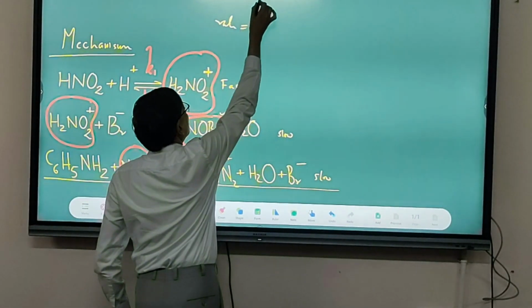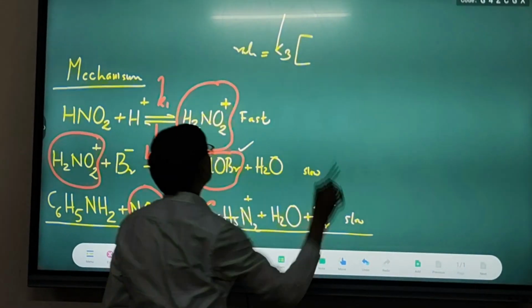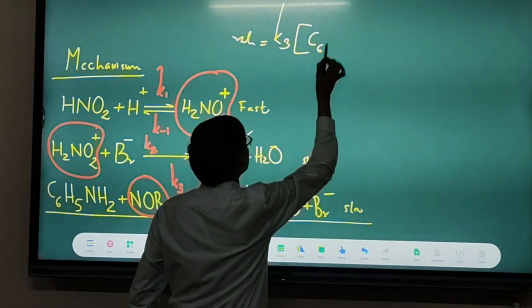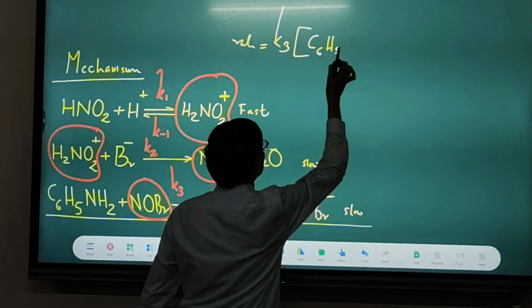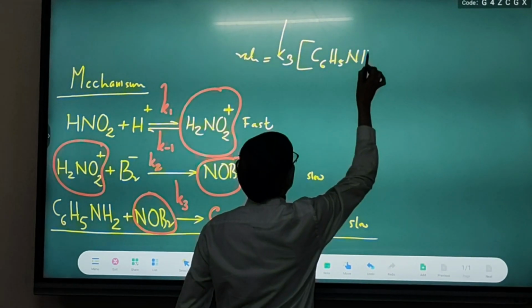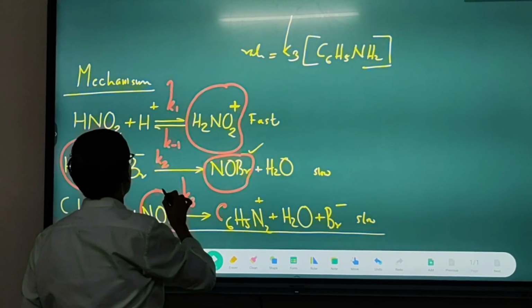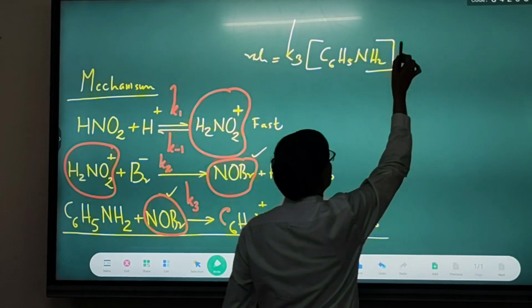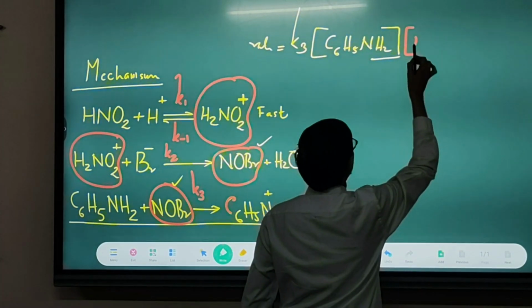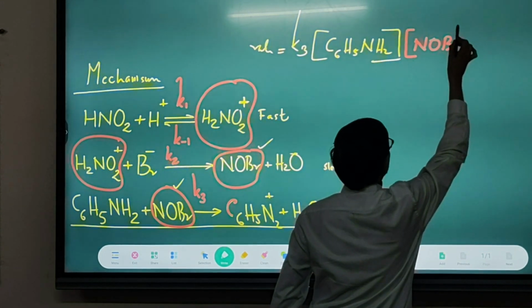So it is K3 C6H5NH2, and why have I written it in red color? Because it is an intermediate, NOBr.